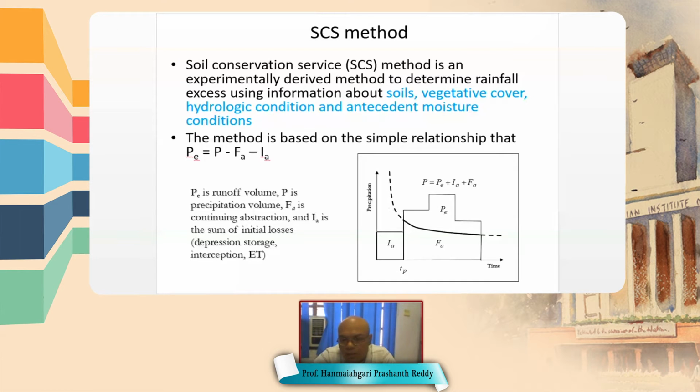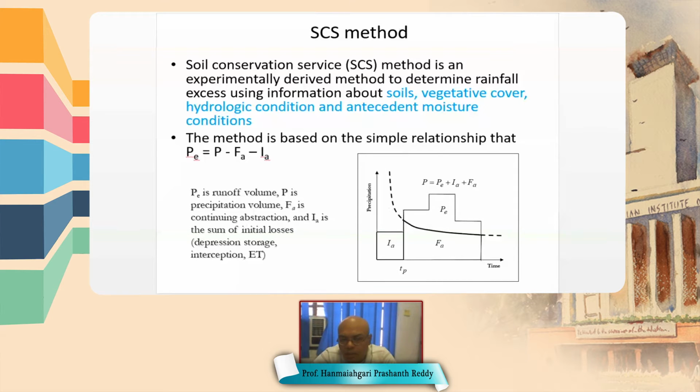Once rainfall excess is known, we can calculate the runoff value, because we can calculate the runoff by using a unit hydrograph for a given storm in a given catchment.